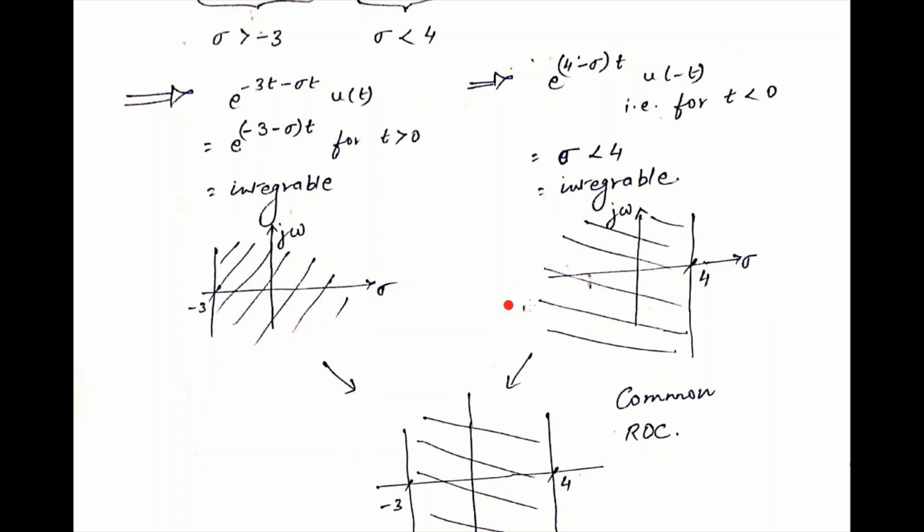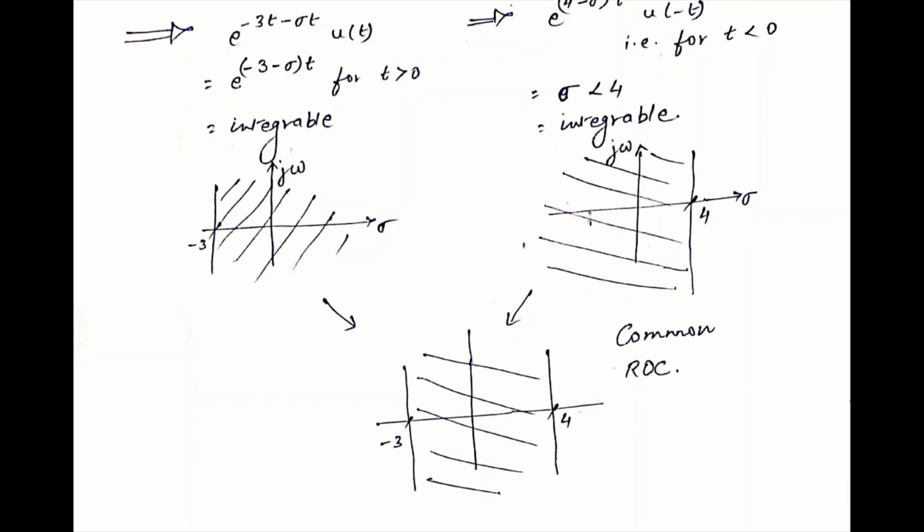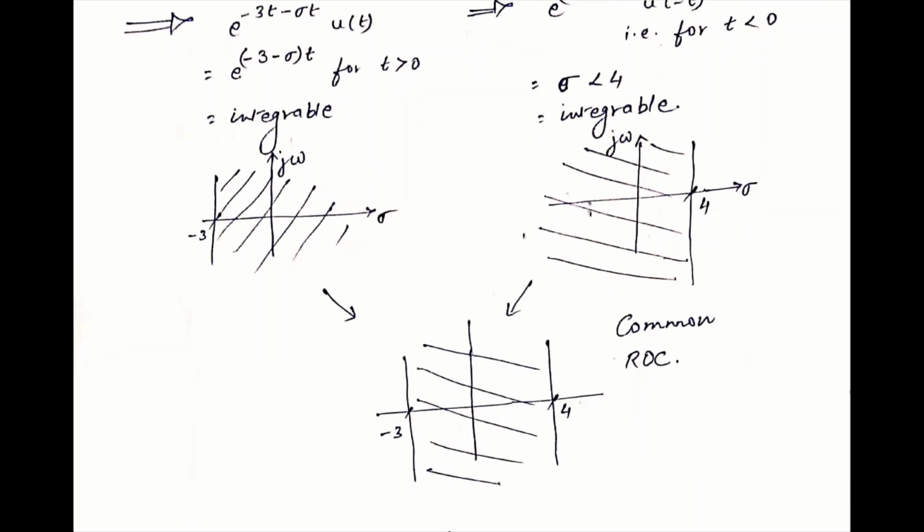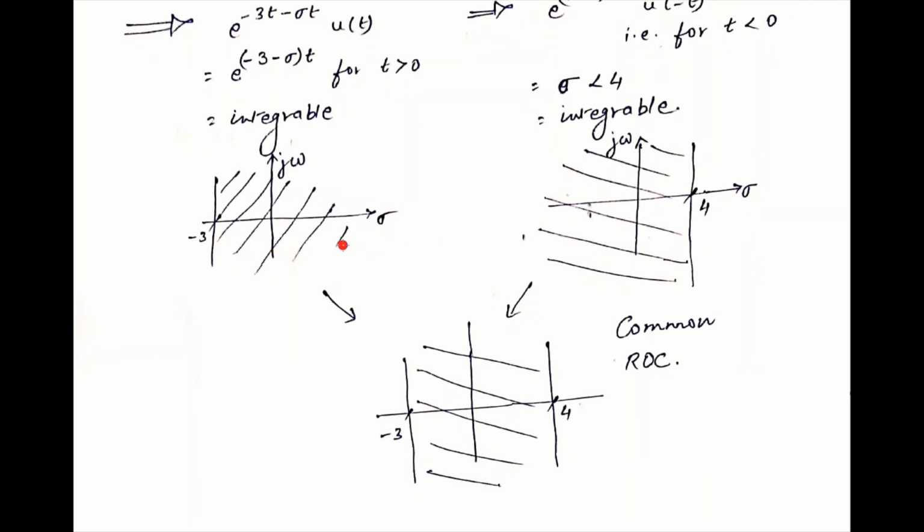So since the net function is the sum of these two functions, the region of convergence of the net function should be common to both these regions. So the common region of convergence is this. This will be the region of convergence for the net function.